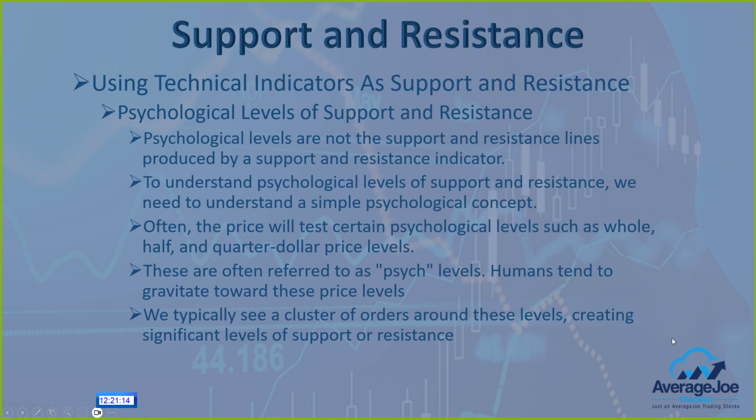Alright, so then we're going to have the psychological levels. These are the ones like whole and half dollar numbers, and a lot of those line up with the option chain. If you ever wondered why whole and half dollar numbers were really big, now you know.